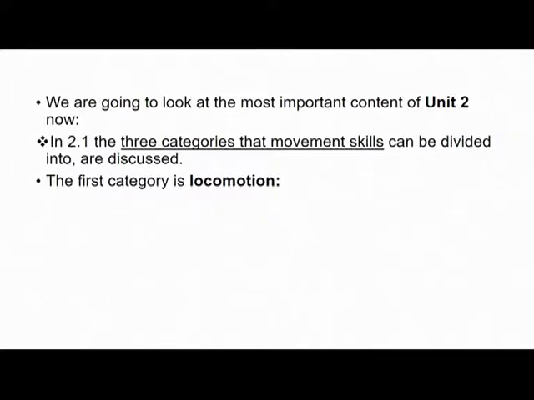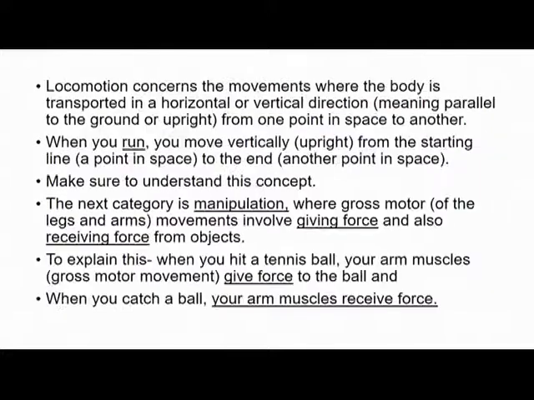We're going to look at the most important content of Unit 2 now. In 2.1, the 3 categories that movement skills can be divided into are discussed. The first category is locomotion.